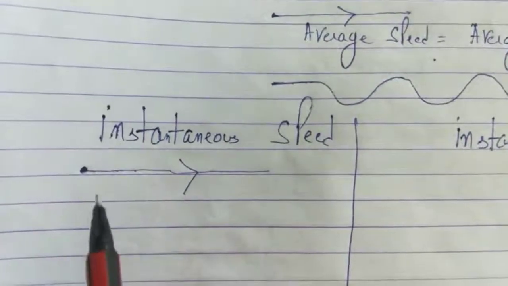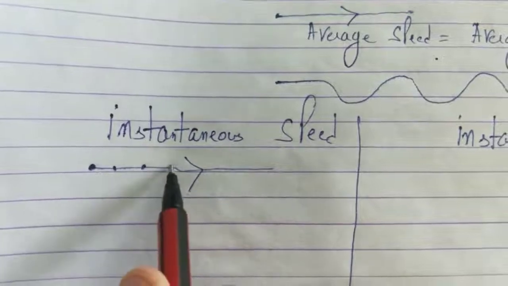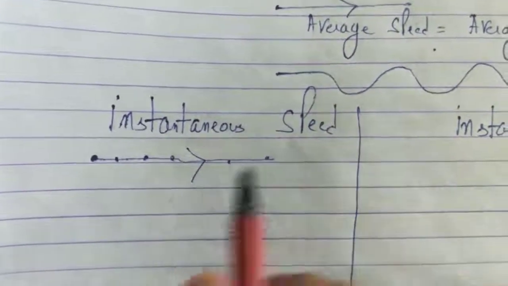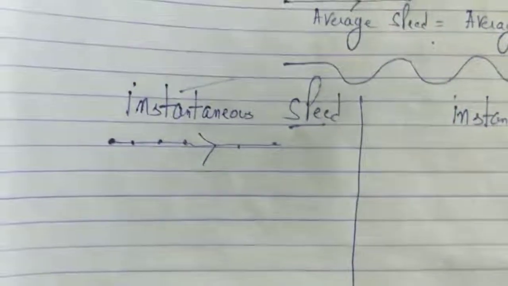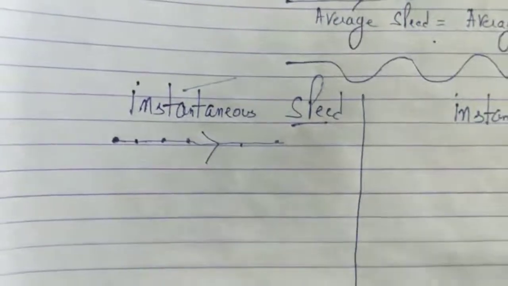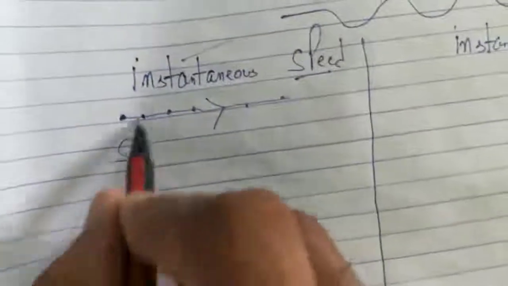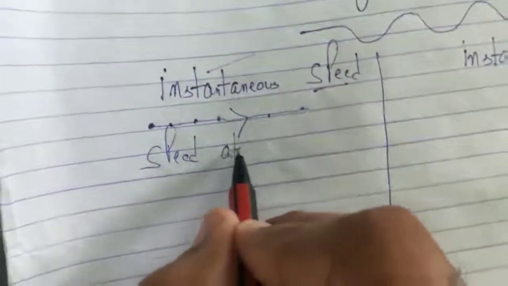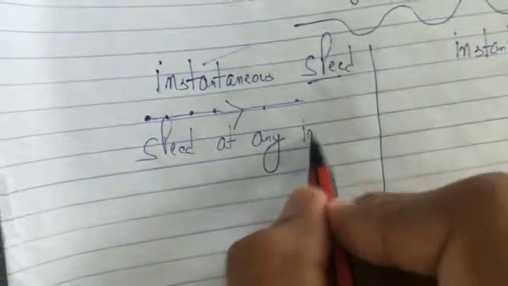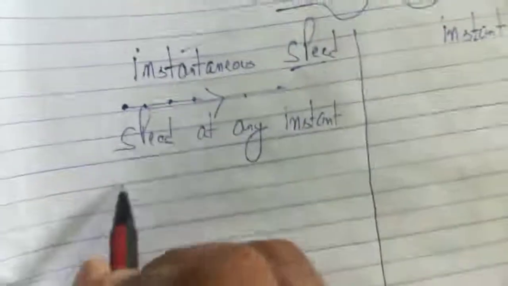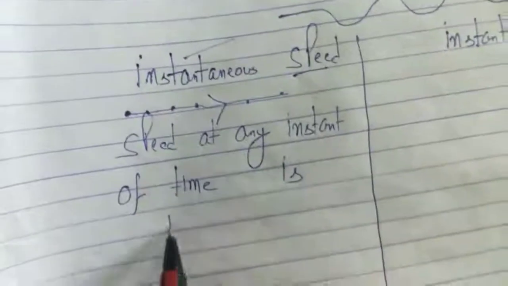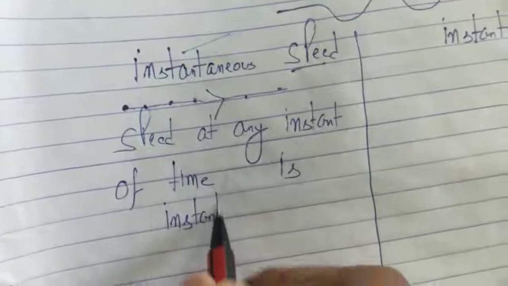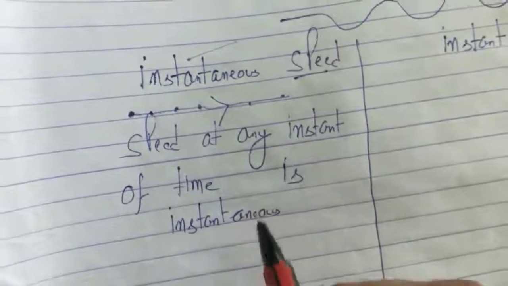The speed here is different, here is different, here is different. So speed at any instant of time is known as instantaneous speed. Suppose speed at 12:14, that will be instantaneous speed.